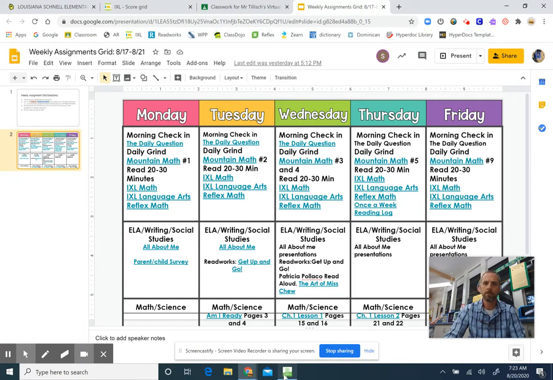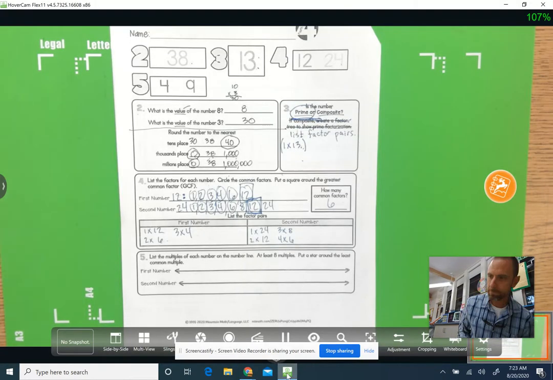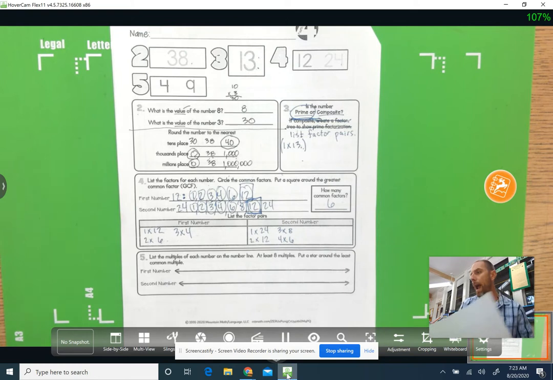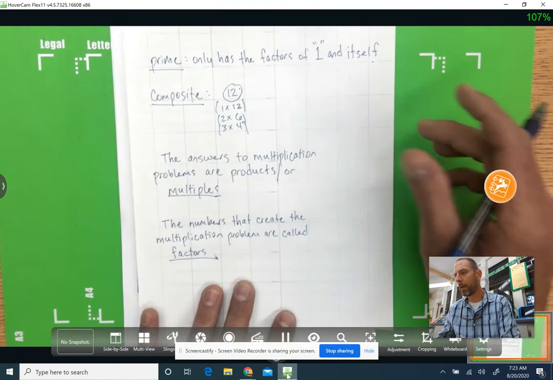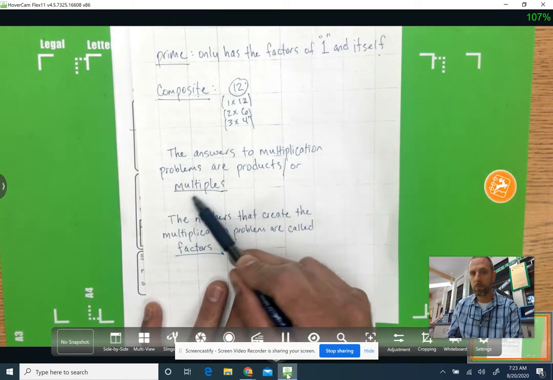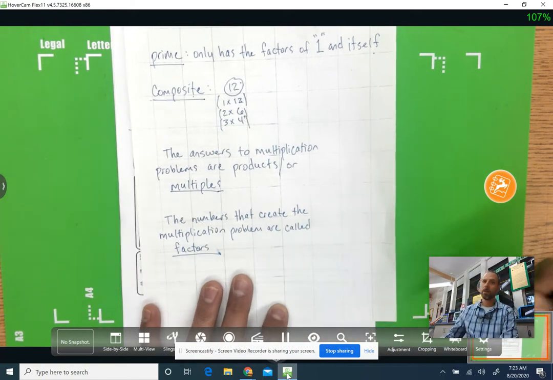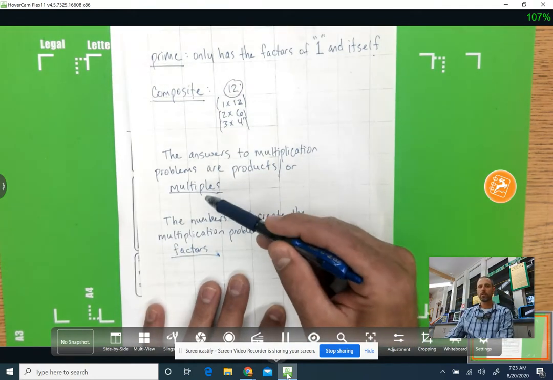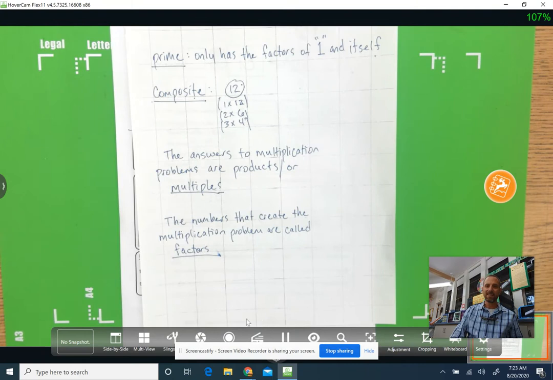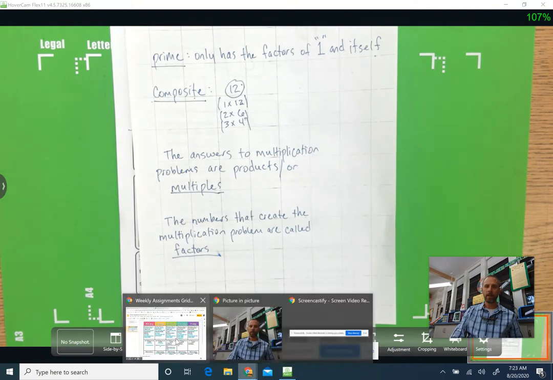So, what is Mountain Math number 5? Mountain Math number 5 is taking us back to a vocabulary word, and that vocabulary word is multiples. Okay, now multiples, those are those numbers that are inside of a multiplication table.